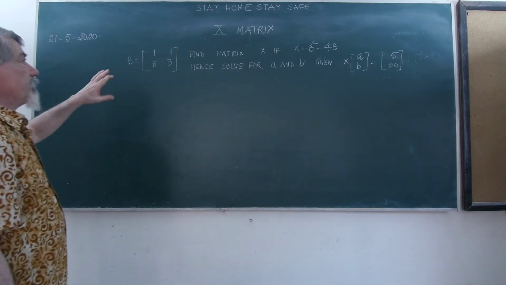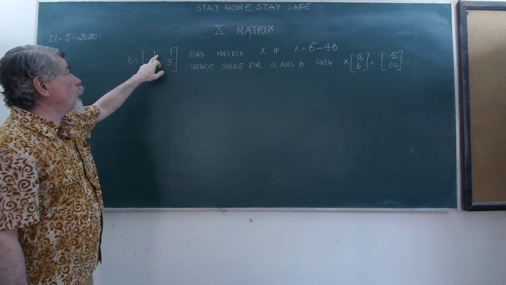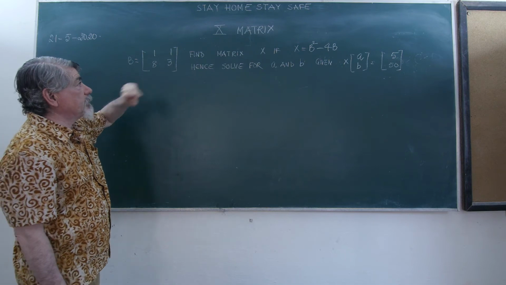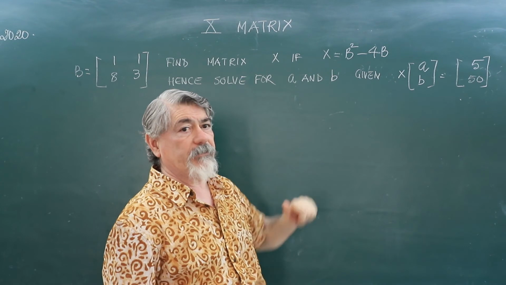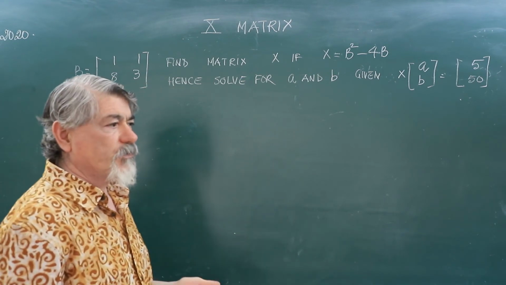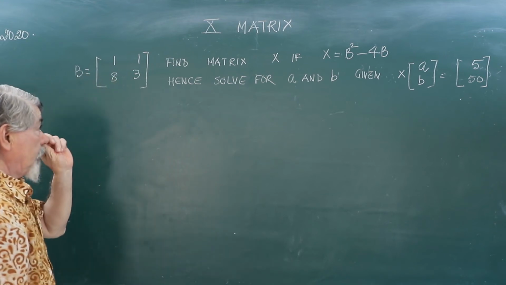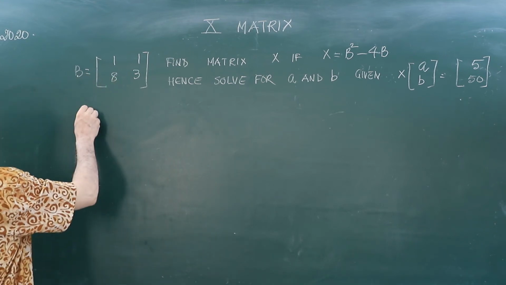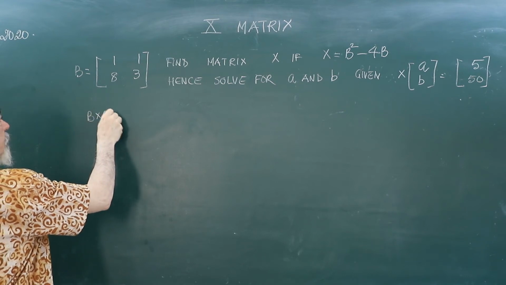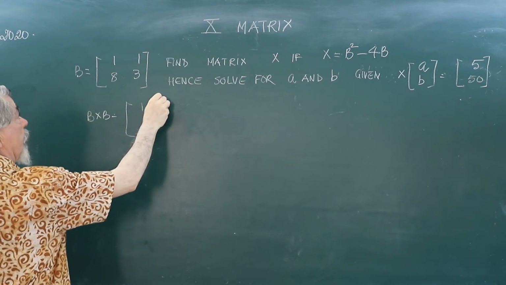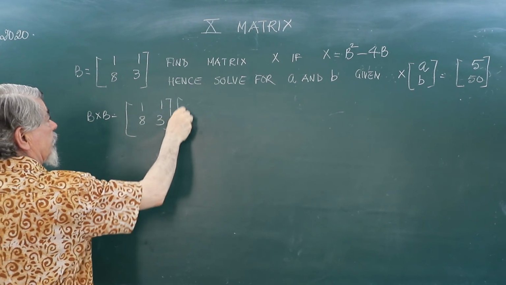In the next matrix question, the matrix B is equal to 1, 1, 8, 3. He says find matrix X if X is equal to B square minus 4B. That means he wants to calculate the value of X, which is B square minus 4B. So B square means B into B. That is 1183 into 1183.